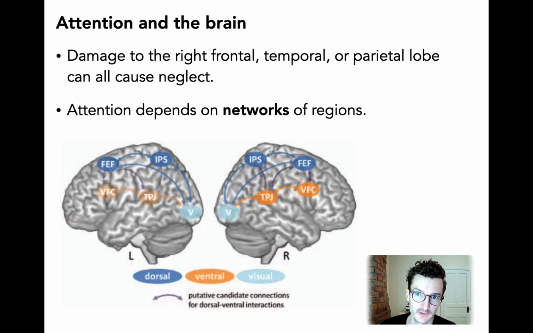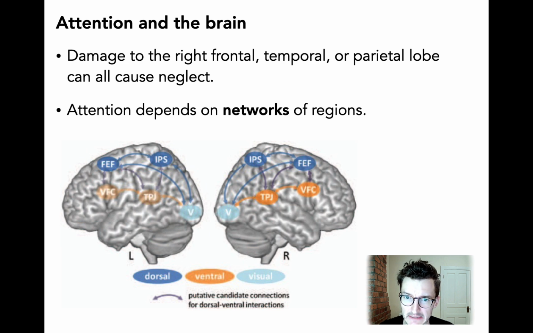So neglect, although we tend to see it in relation to damage in the right hemisphere and the parietal lobe, we can also see it for damage in other parts of the right hemisphere, so in the frontal lobe and the temporal lobe as well.